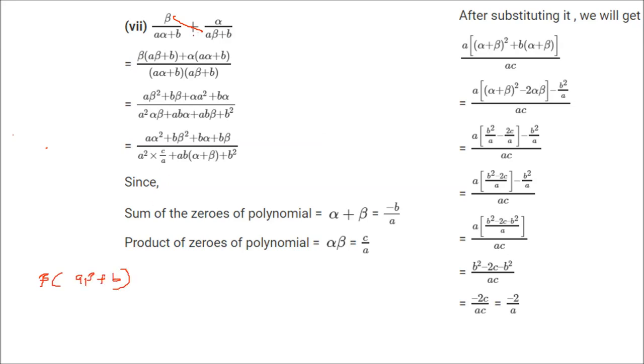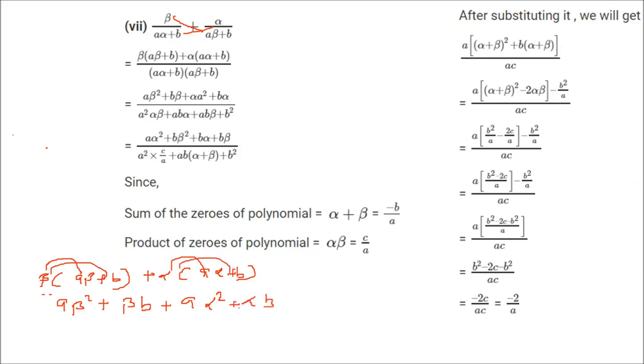Then you multiply these two plus alpha, a alpha plus b, and by the denominator. We'll do the denominator later. First concentrate on the numerator. So this will be a beta square plus b beta plus a alpha square plus alpha b. So what do we get?